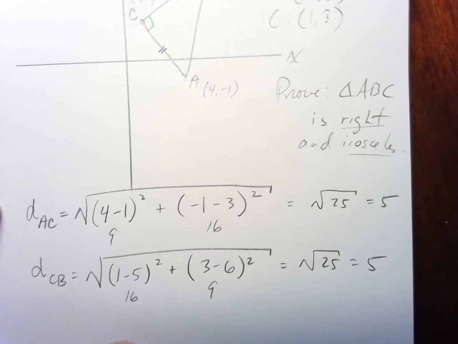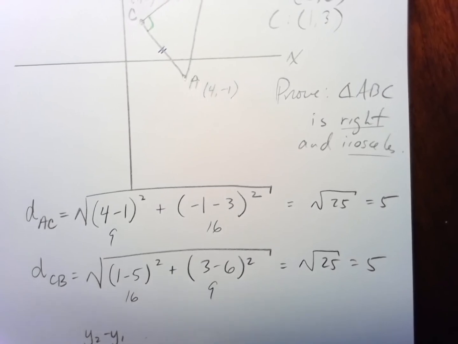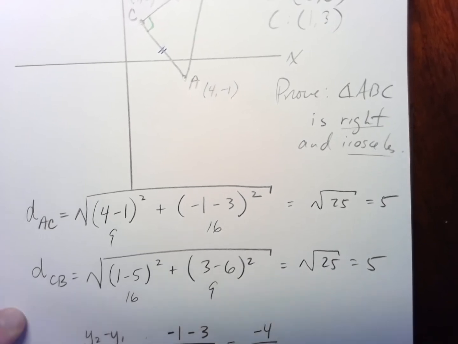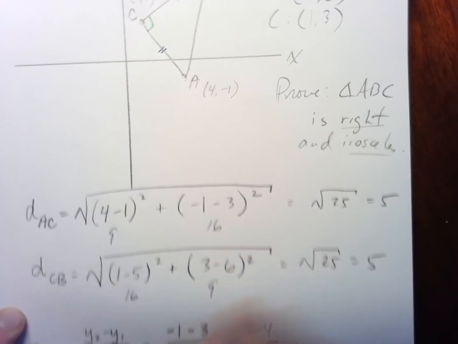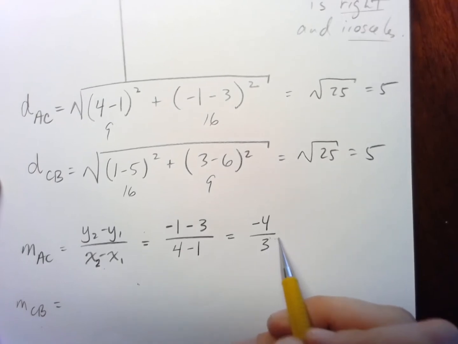So let's do the slope of AC, which is, of course, the change in y over the change in x, or x2 rather. So if I'm doing AC, I'm going to have the change in y, so the y would be negative 1 minus 3, and the x's are going to be 4 minus 1, so here I have a negative 4/3, and if I check the slope of CB, sorry about that, I should get the negative reciprocal of this.